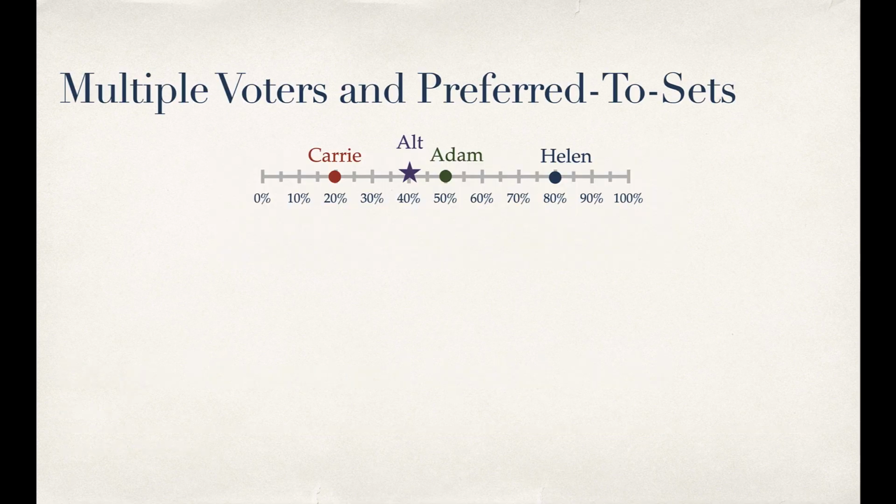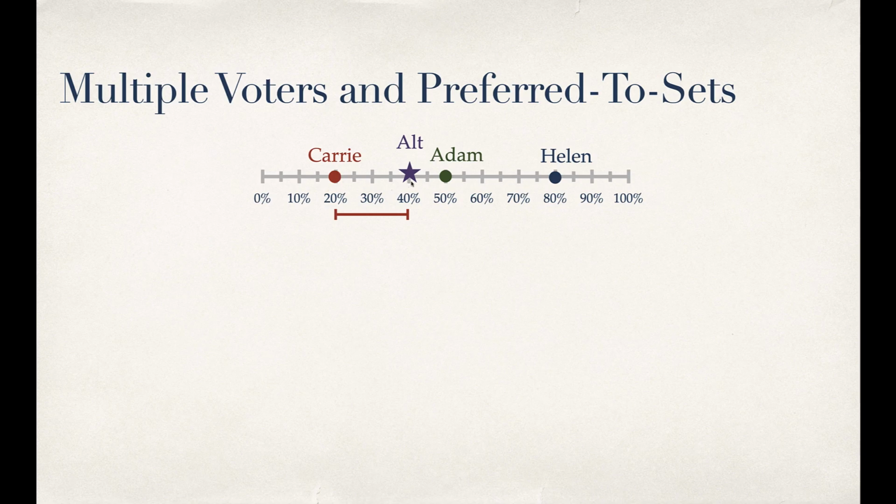All right. So here is a spatial model. We have 3 voters. They all have single-peaked and symmetric preferences. All right. And so what I'm going to do is I'm going to fill in the preferred 2 sets for each of these voters. So first with Carrie, we know she prefers everything between 40 and 20. Right? If we drew her utility function in, this is her ideal point, therefore it's the peak of her utility function.